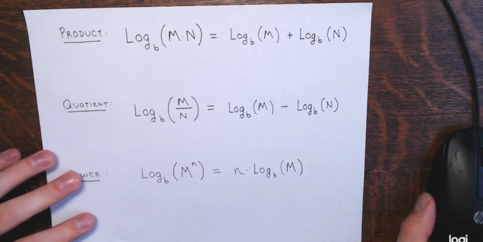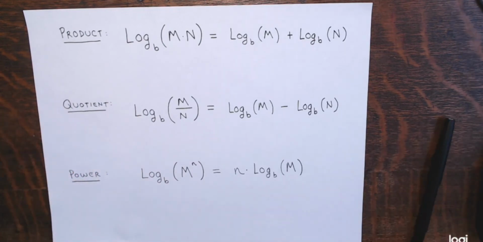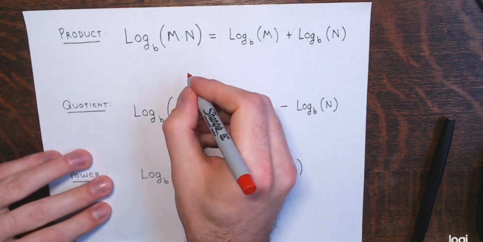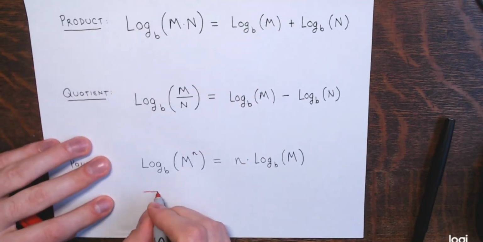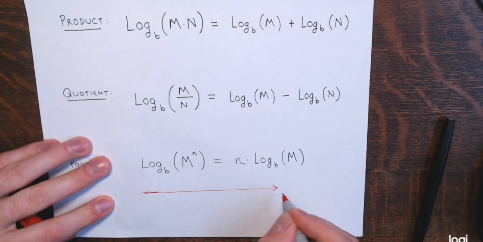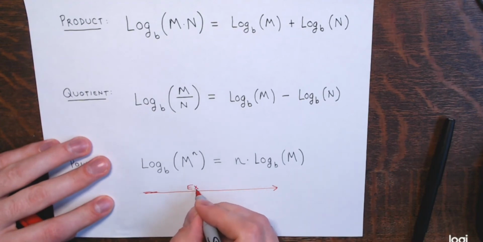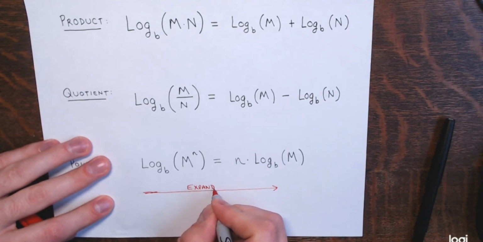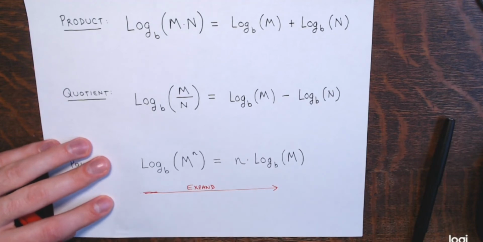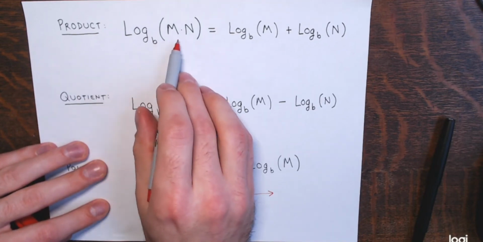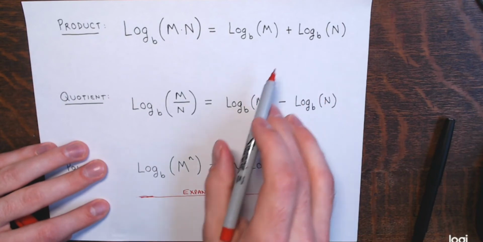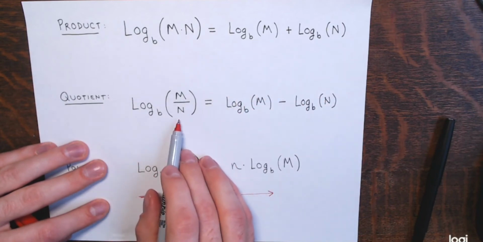Now in the last video I did, we expanded. That was going this direction, the way I have them written. Looking at a log of a product, writing it as a sum of logs. Looking at a log of a fraction and writing it as a difference of logs.